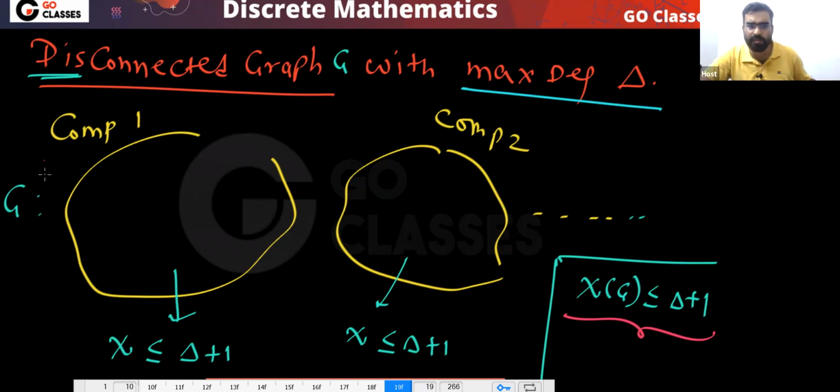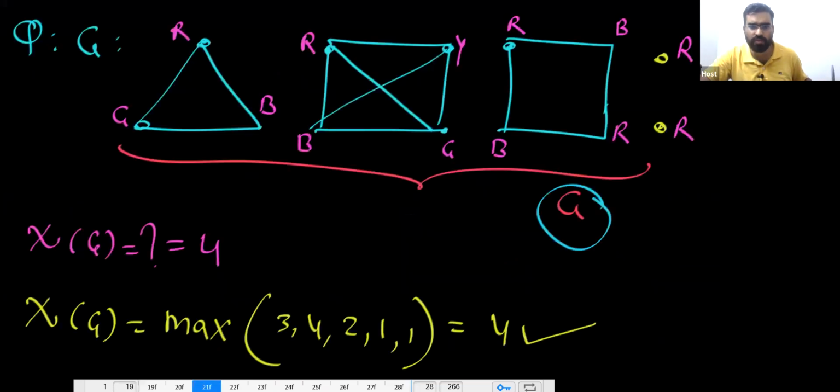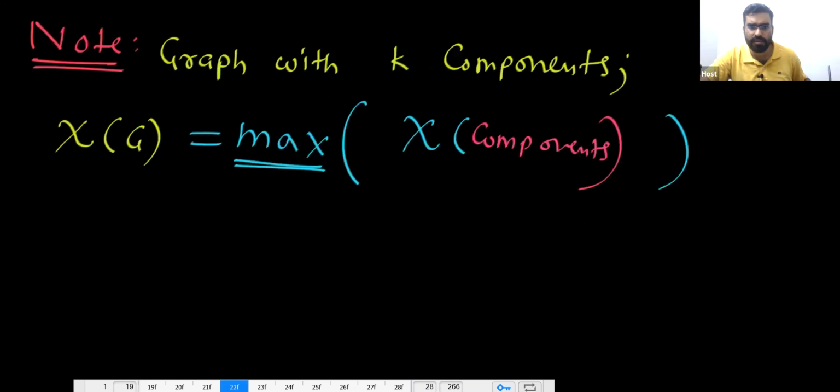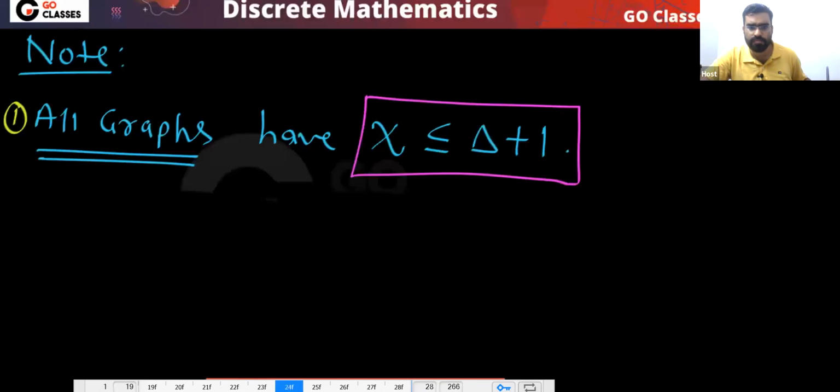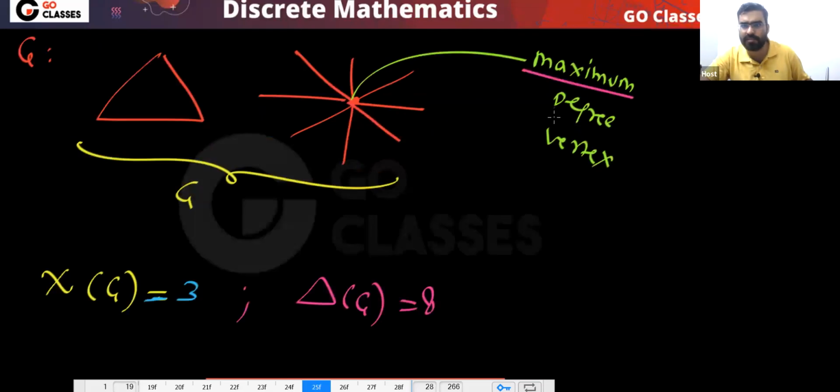So the chromatic number of this graph will be less than or equal to delta plus 1. Remember, this maximum degree can come from some other vertex. This is not coming from C3.